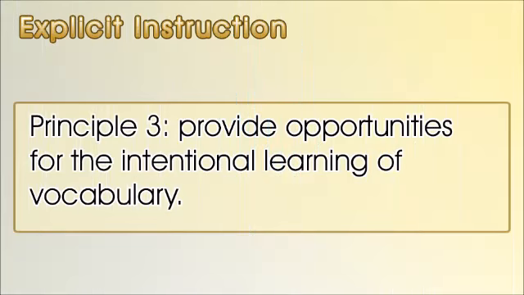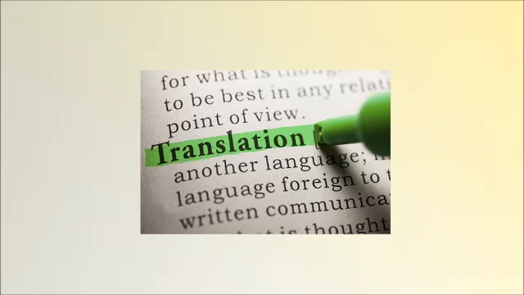Principle 3. Provide opportunities for the intentional learning of vocabulary. Intentional learning through instruction significantly contributes to beginner students' vocabulary development. One way to do it is by translation. Translating vocabulary may be an effective way for students to learn vocabulary.